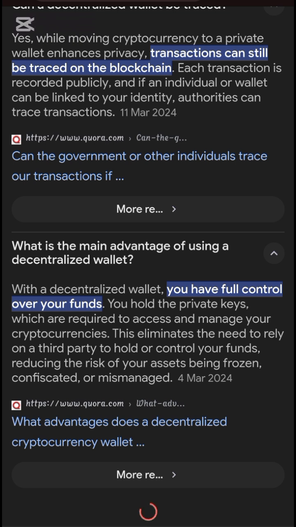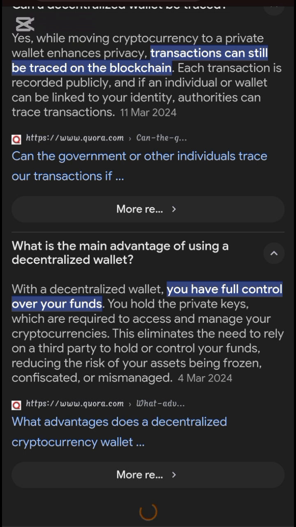When you want to open a wallet and they ask you to keep a key phrase, to write numbers 1 to 15 accordingly, you know that this is a decentralized wallet, where your key is your access to your wallet. But where you open a wallet and they ask you to do KYC, you will know that this is a centralized wallet, where the password you use is controlled by them.